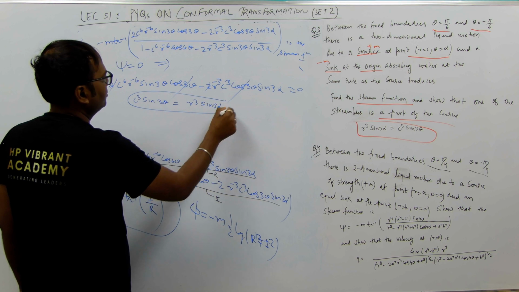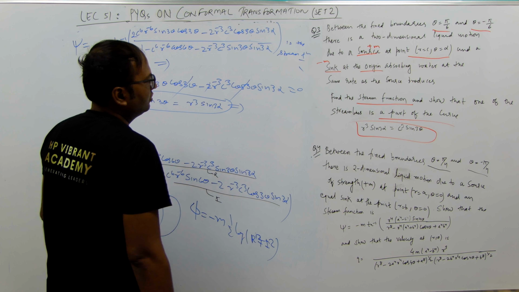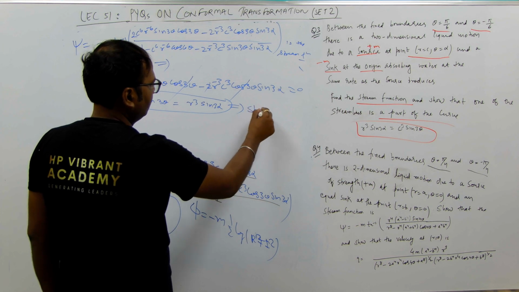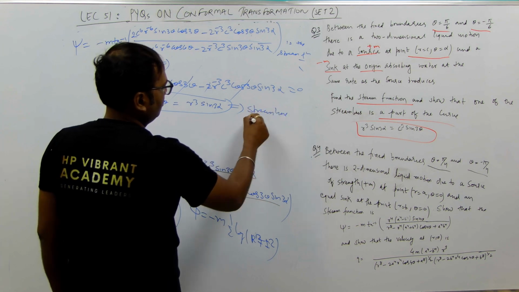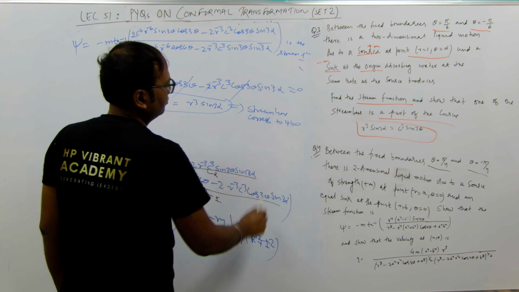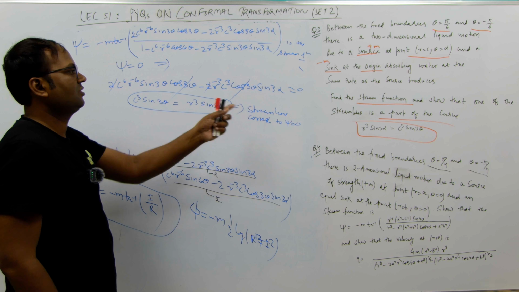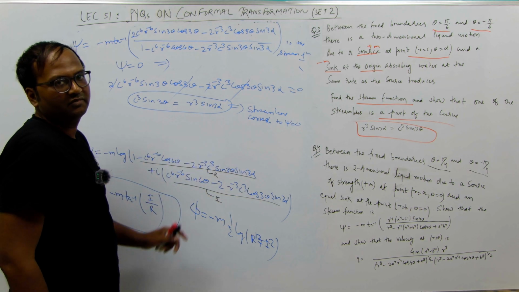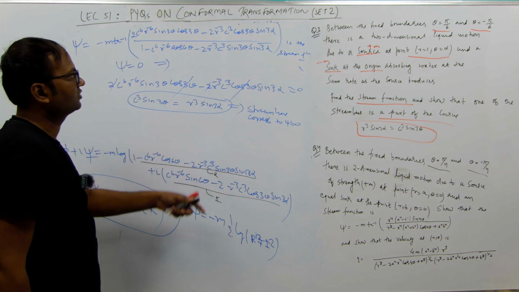This is the streamline corresponding to psi equal to 0. So one of the streamlines is a part of the curve given by this. Okay, so we have discussed question number 3.